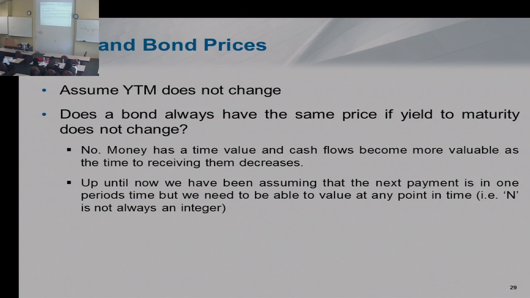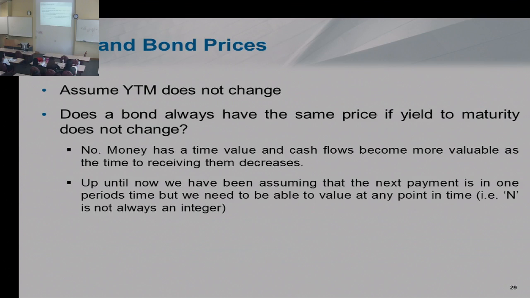Well, no. This bond here, paying these amounts, as you get closer to each payment, what happens to the present value of the cash flows? Would you rather get $45 next week or next year? Next week. So what happens to the value of the cash flows as you get closer to them? It increases. You'll pay more to get $45 next week than you will to get $45 next year.